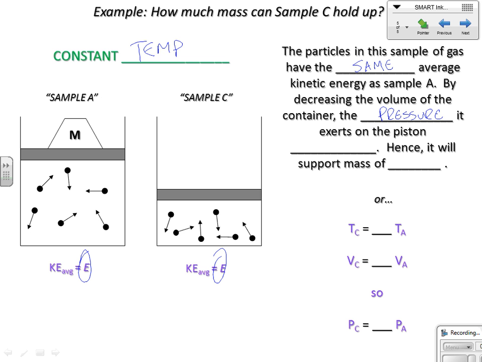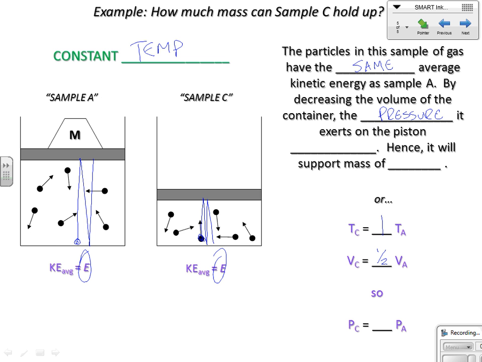Well, we can kind of look here. That's the same. The volume of C, well, I tried to make it as close as I can to a half. All right, well, so two ways to think about it. One, if the volume is smaller, literally the time it takes this particle here to go up here and come back down, and go up here and come back down, is now half as much as it would take for this thing to do this. So the collisions can happen twice as often.